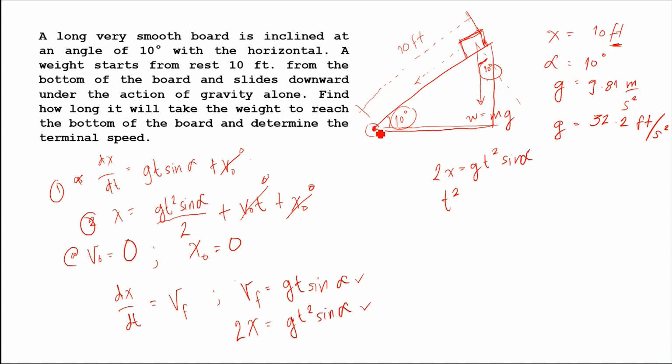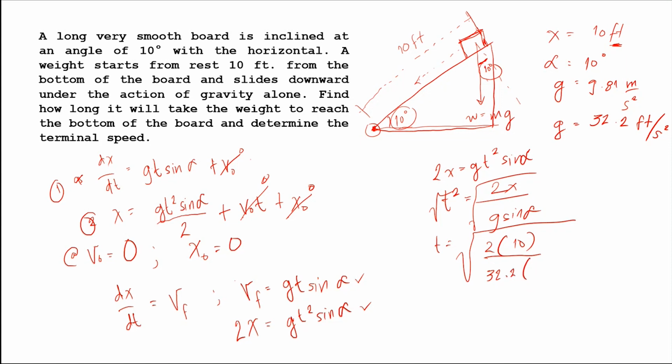This is t squared is equal to, dividing both sides by g sine alpha, 2x over g sine alpha. Now t is equal to the square root of 2 times 10. Bakit square root? Square root lang yung both sides. 2 times 10 feet over 32.2 times the sine of 10 degrees.